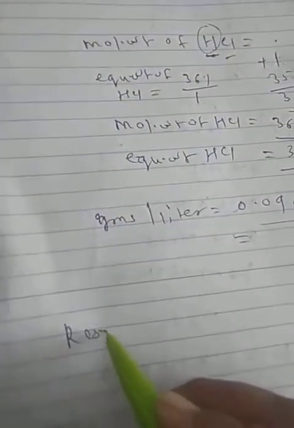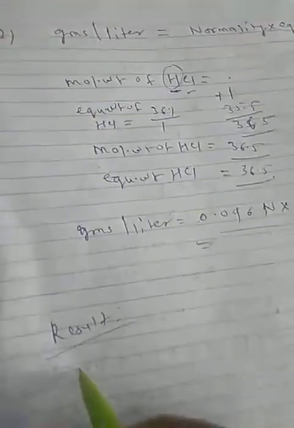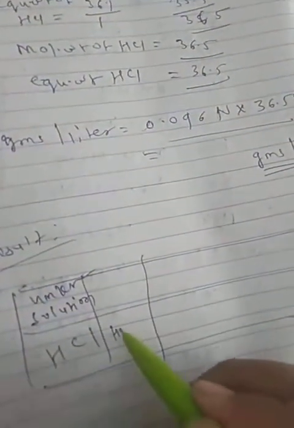At last you have to make the result column. You make a good table. Write the unknown solution, which is HCl, as hydrochloric acid.